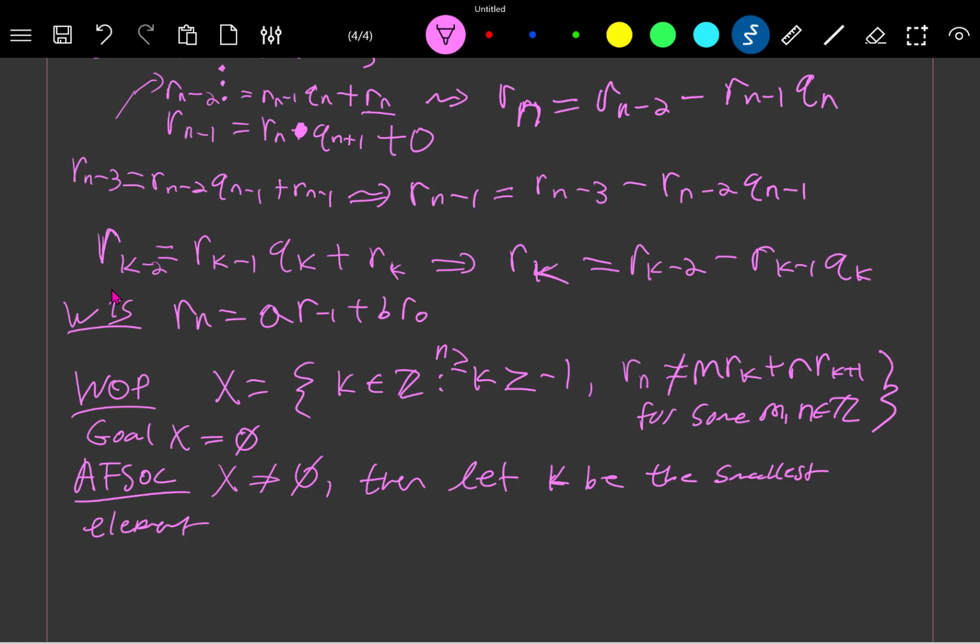So if we take the smallest index, how do we formalize this?